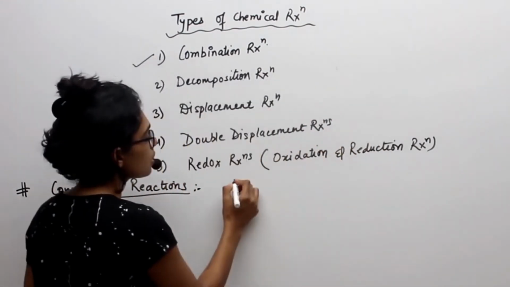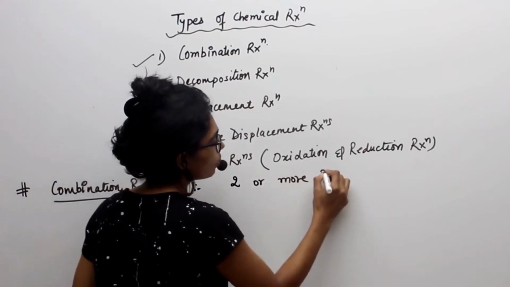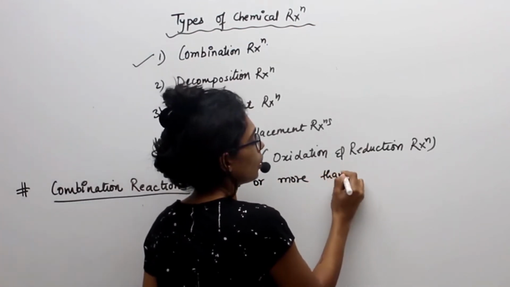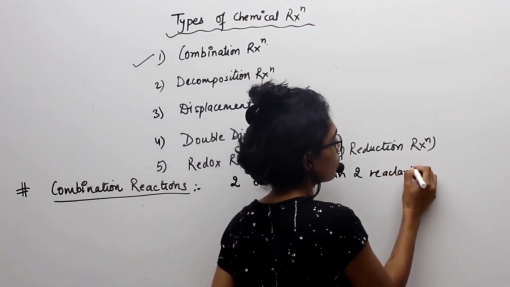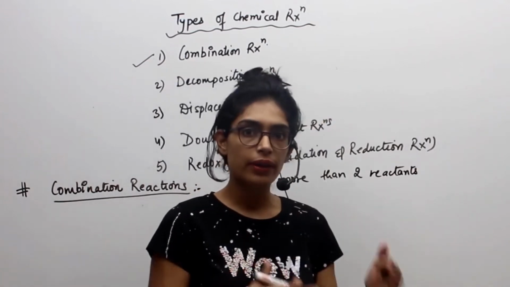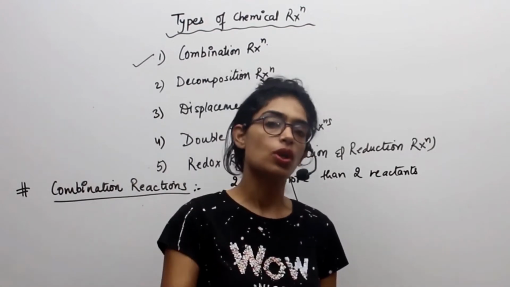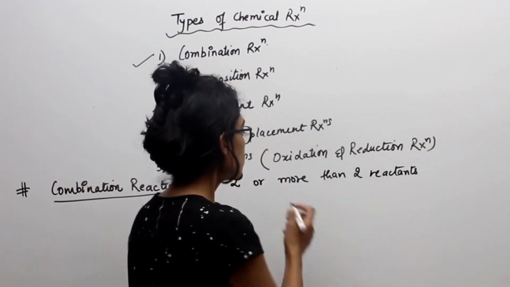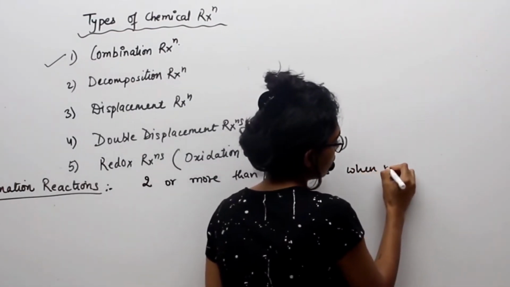So what are combination reactions? I hope you know what are reactants. Reactants are the ones which are on the left hand side and they initiate the reaction. They react together and eventually form different compounds which are called products.